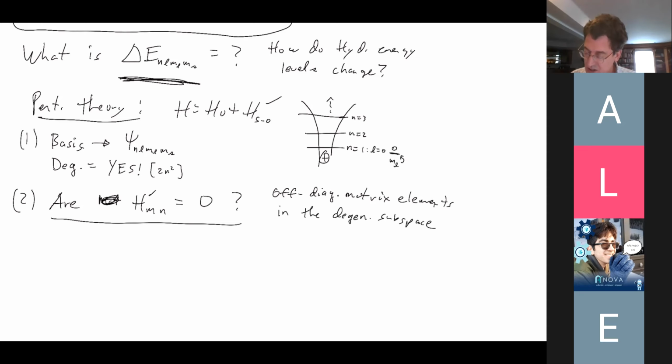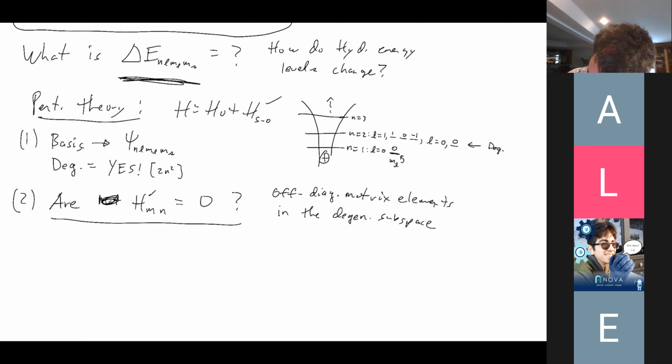So there's no degenerate subspace for n equals 1, but for n equals 2, I have L equals 1, which then has 3 states, M sub L equals 1, 0, minus 1. And I also have L equals 0, which has 1 state, M sub L equals 0. And so this is a degenerate subspace.